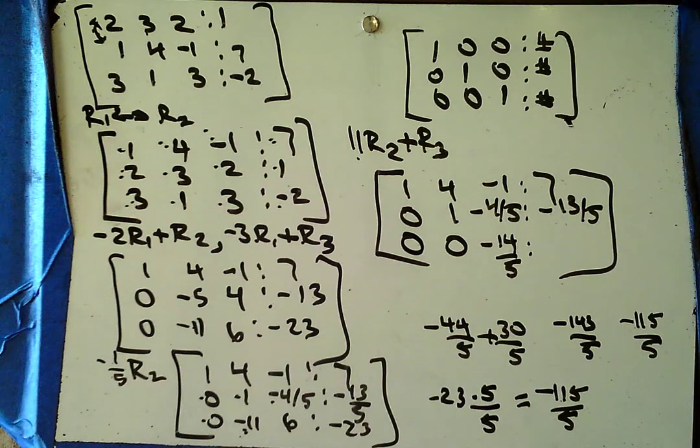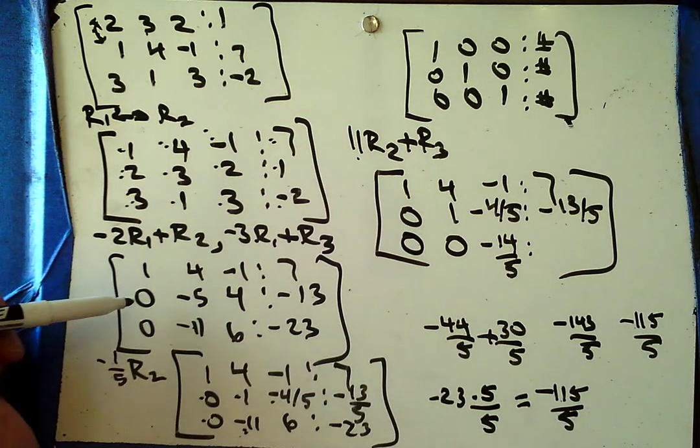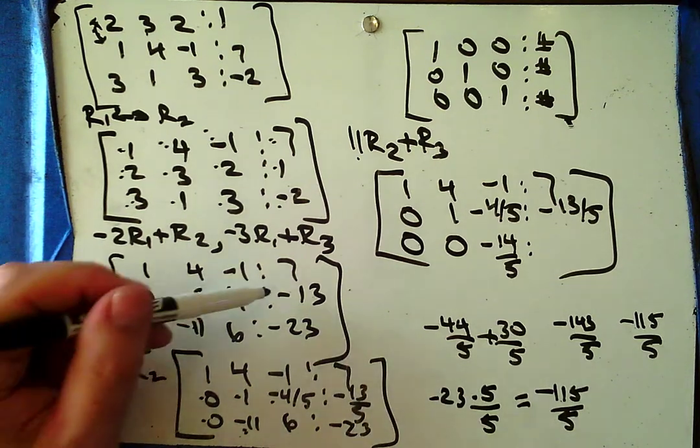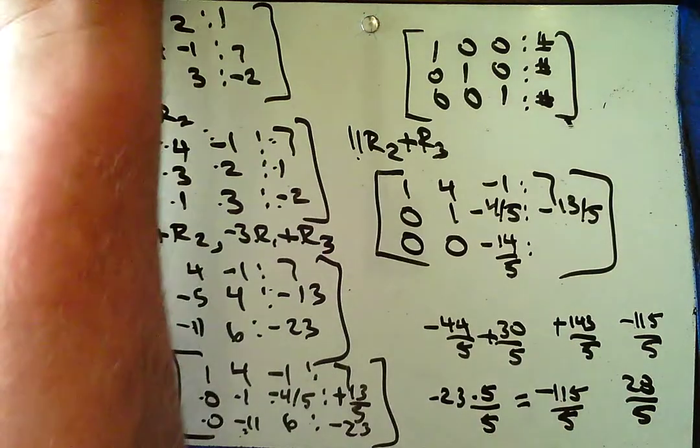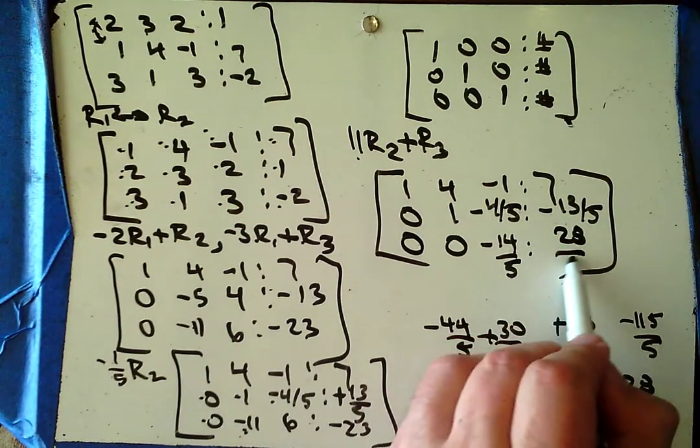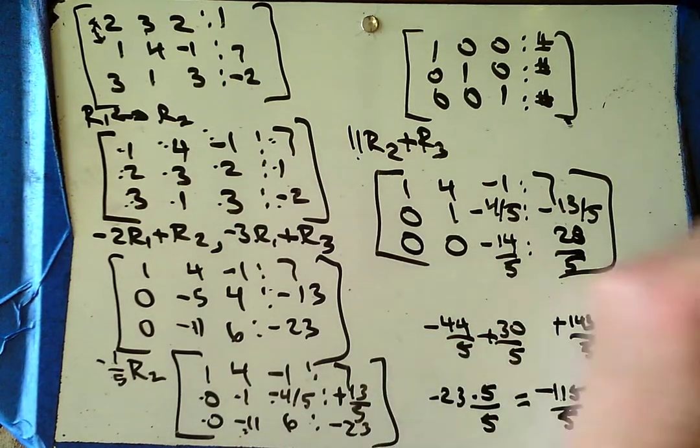And was it negative? They were both negative. I did negative 1/5. Oh, negative times negative, that's positive. And you gotta check up on yourself. So that's positive. And so now we add these together, and we've got 143 minus 115, and that gives me 28/5. Okay, so there's 28/5.